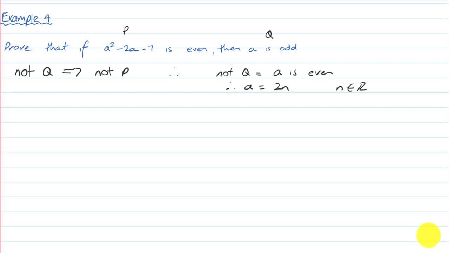Again, we're dealing with a's and n's and stuff like that. We introduce things as we go, and you'll see the same letters popping up a lot. As long as you're not double defining, it's all good. So my a is equal to some even number.